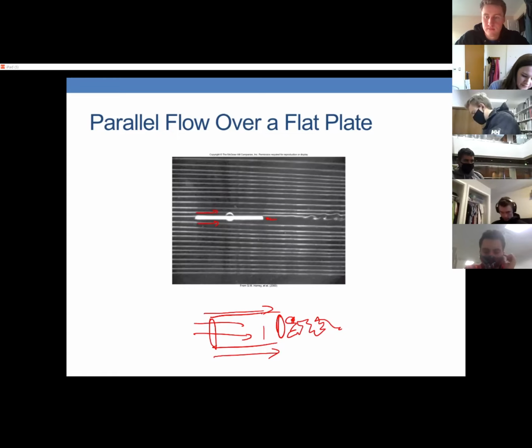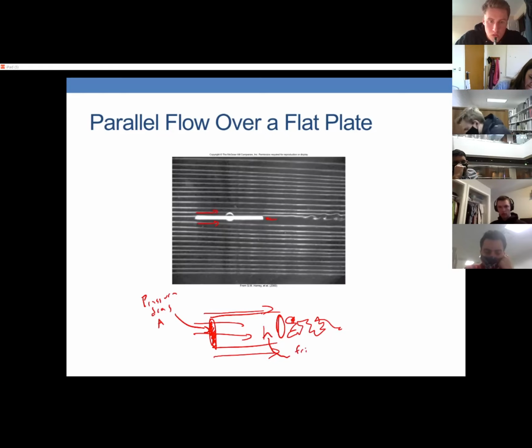And then the area for the form drag, or the pressure drag, would be this cross-sectional area here. So that would be the pressure drag area, and this would be the friction drag area.